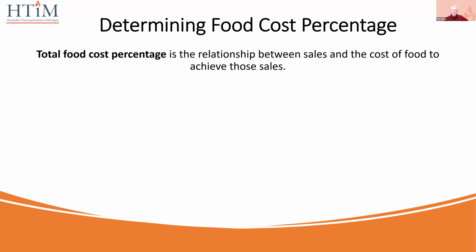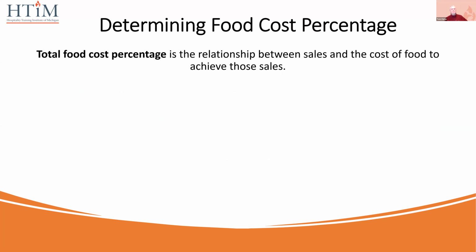So we're going to get into food cost percentage and how that relates back to the organization. So really it's the relationship between sales and the cost of food to achieve those sales. We know that if sales go up, our cost goes up because if we're serving more food to the customer, obviously we've got to buy more food.